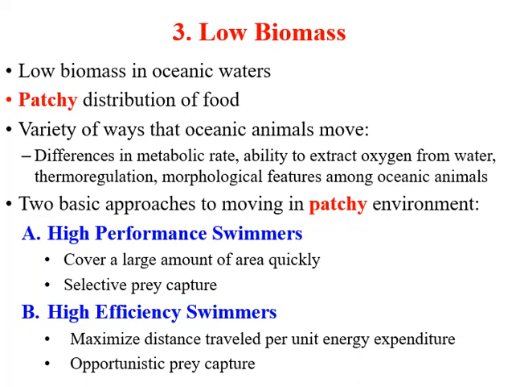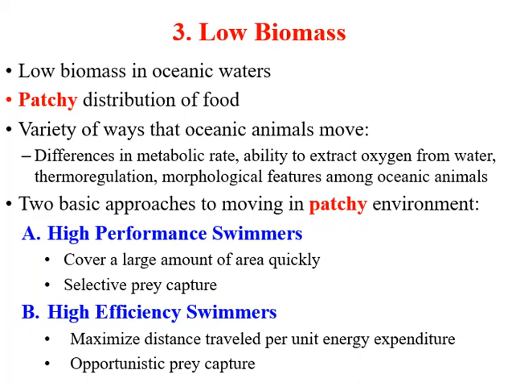So let's basically look at this as you've got to go from point A to point B. In point A, there's some food, and point B, there's some food. But in between, there's not much to eat. Maybe there's nothing to eat. So you've got to move from point A to point B. So how do you do that? You could swim very quickly from point A to point B. You could get there in a hurry, and then you're there.